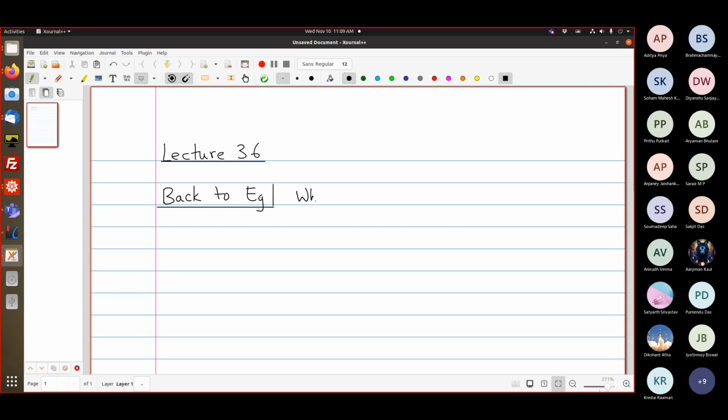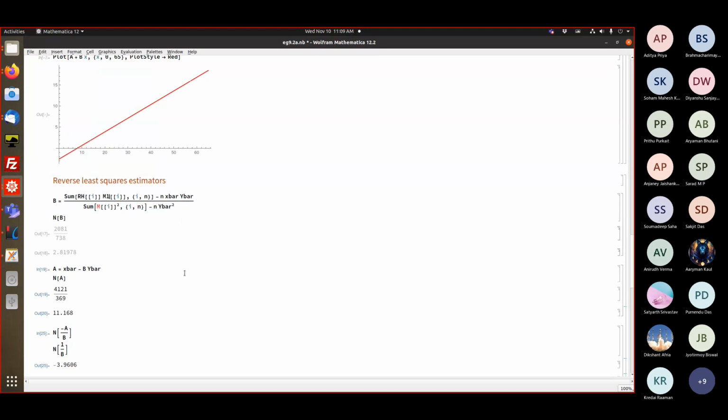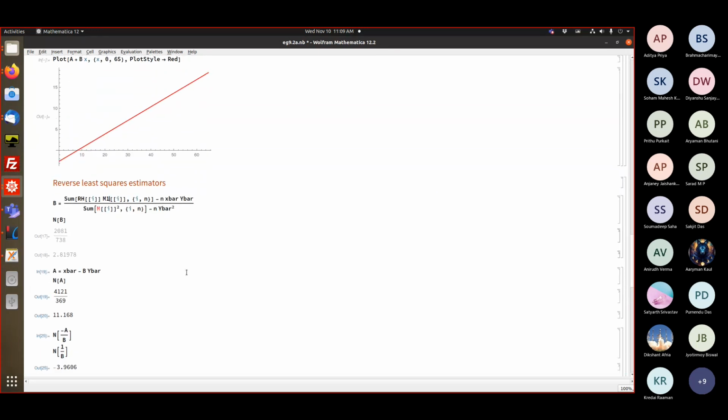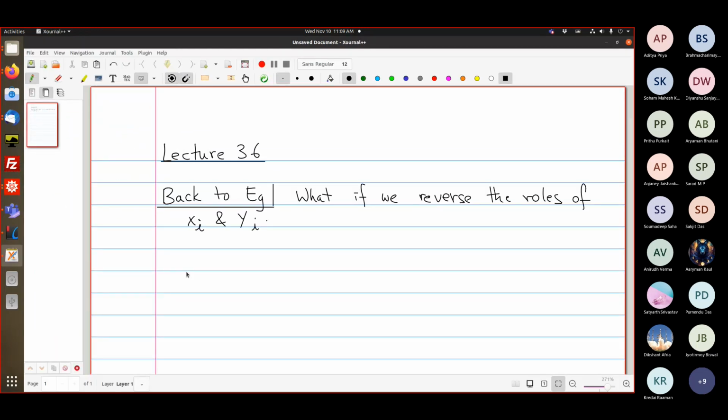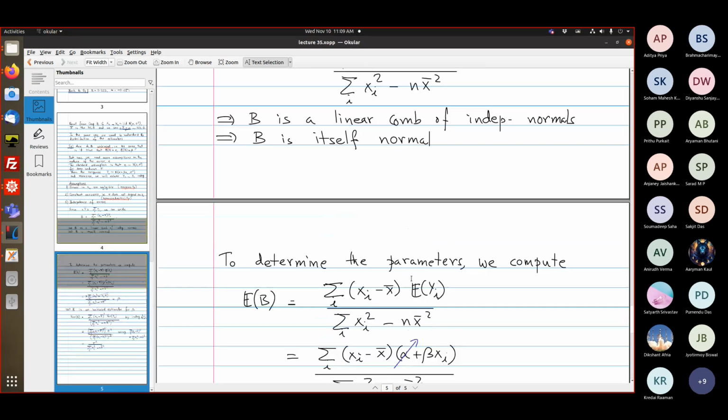What if we reverse the roles of xi and yi? Just as a thought experiment, let's say yi's are the independent variables and xi's are the response variables. Let's just suppose. Okay. So in that case, let's go back to the formula for B.